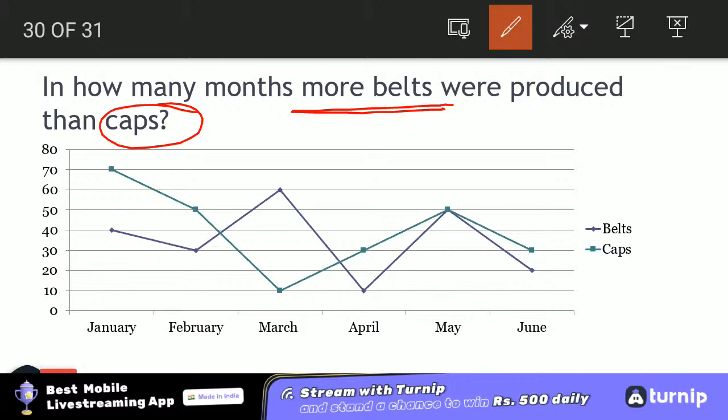That means the purple line must be at a higher peak, the purple line should be above the green. Yes, hurry up. Perfect. In the month of March.